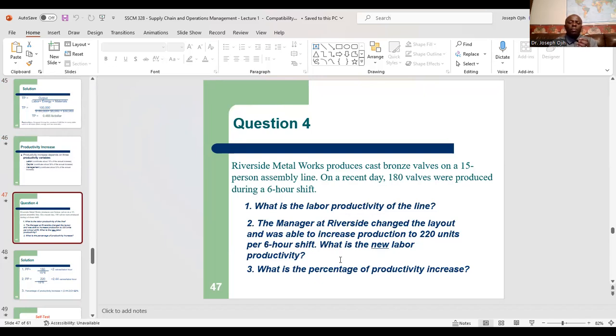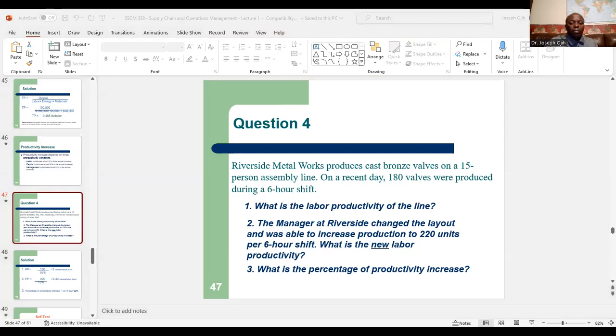Then the manager changed the layout and increased production to 220 units for the same 6-hour shift, and we need the new labor productivity. Then they want you to calculate the percentage of productivity increase. To do that, first, like I explained, you can do it with a calculator if you want.